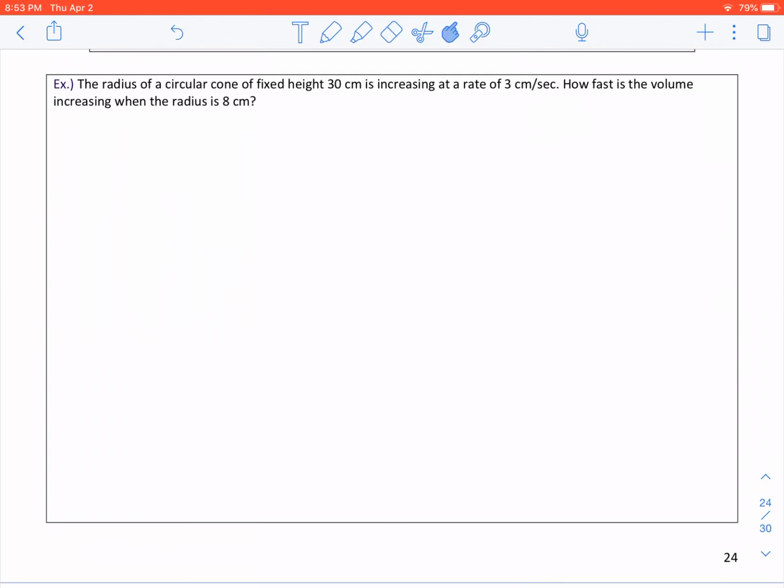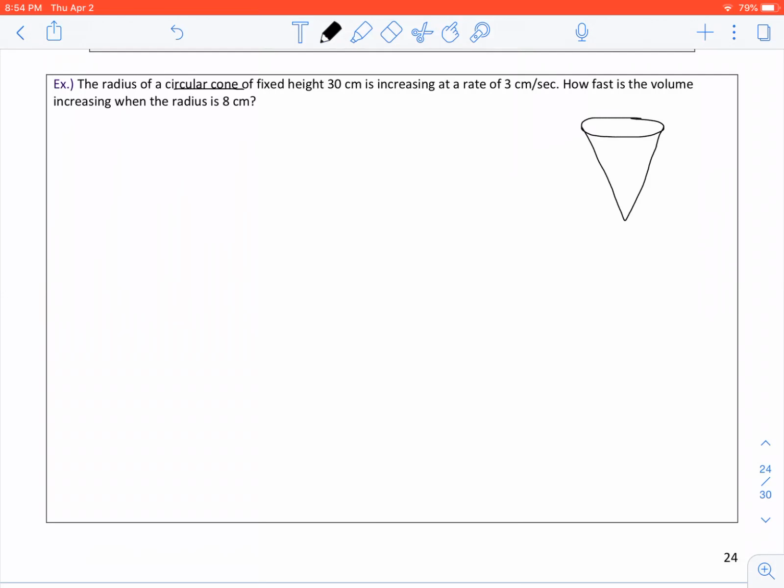This time it says the radius of a circular cone of fixed height, 30 centimeters, that means it's not changing, is increasing at a rate of 3 centimeters per second. How fast is the volume increasing when the radius is 8 centimeters? So, first thing is we have a circular cone. So you can imagine like a snow cone.